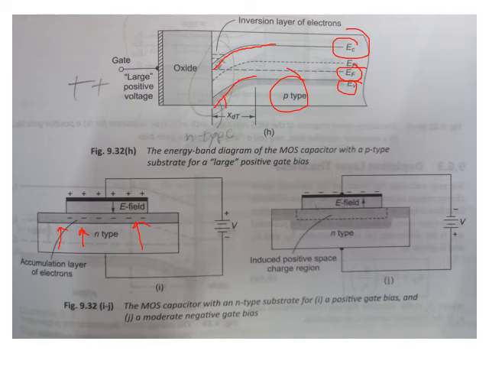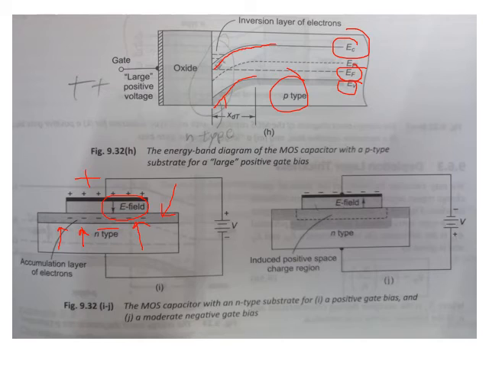Above I have positive, below I have negative. Electric field always flows from positive to negative or negative to positive? Correct. So see here, the electric field is shown below.